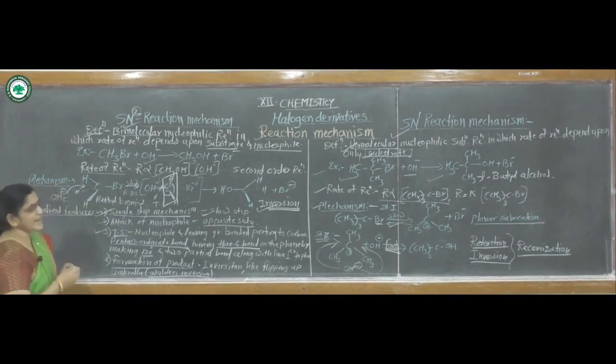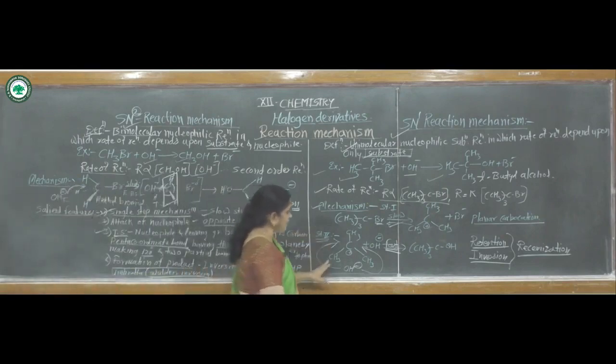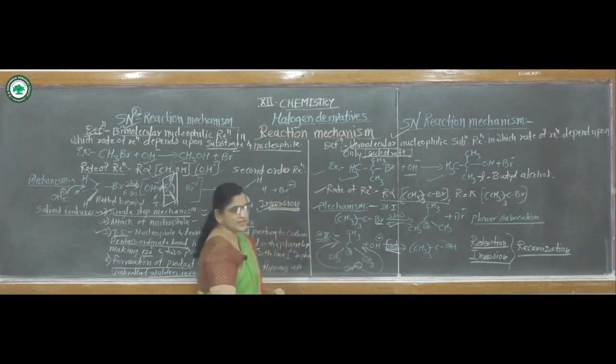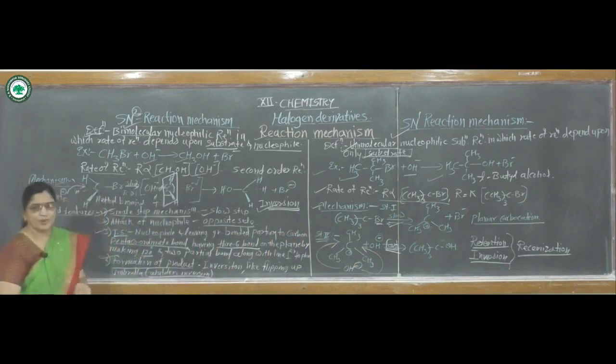Then attack of nucleophile. In SN2 reaction, attack of the nucleophile takes place from the opposite side or the back side, and in SN1 reaction, attack of the nucleophile takes place from any side, from the front side or the back side. Then formation of product.